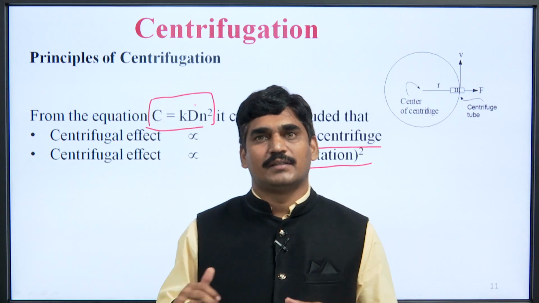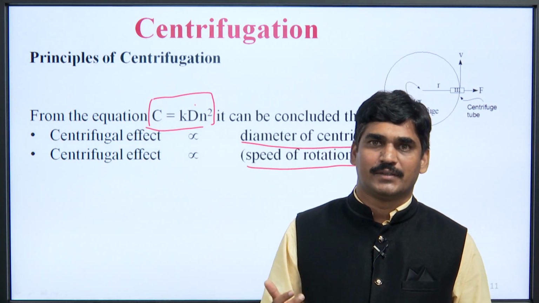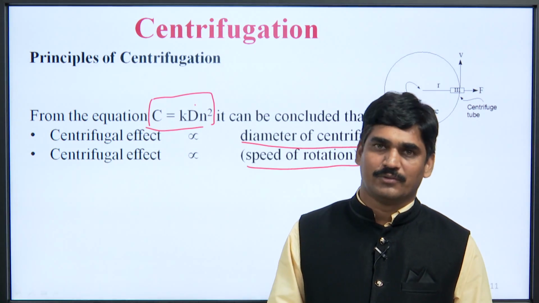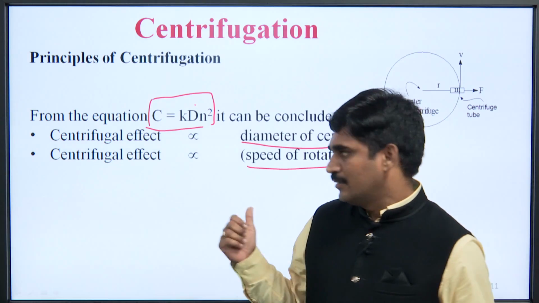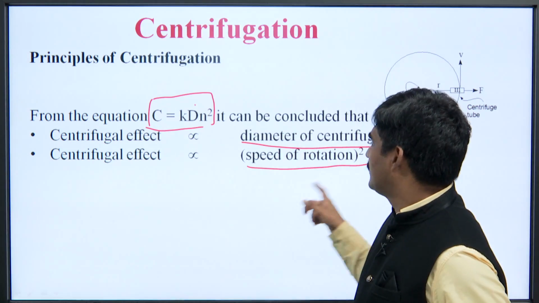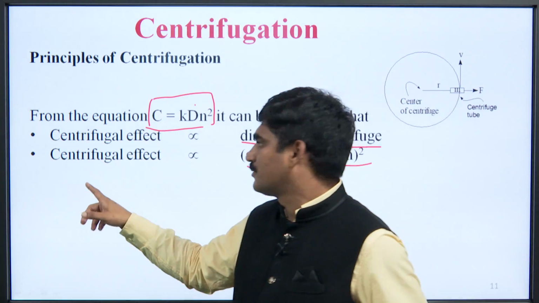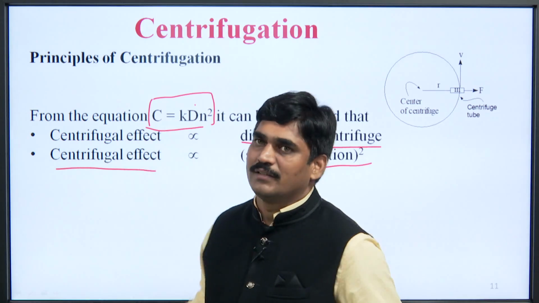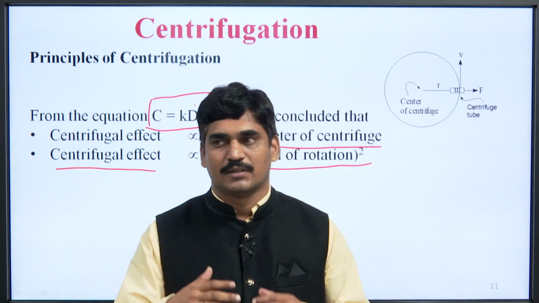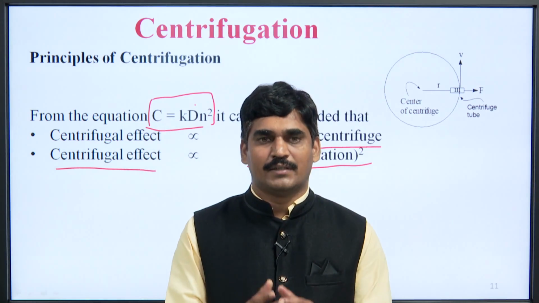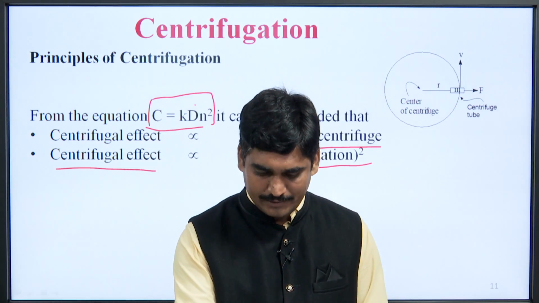That means, as the diameter of the centrifuge increases, the centrifugal effect also increases. Similarly, if we increase the speed of rotation, the centrifugal effect increases, which leads to more prominent separation of particles.